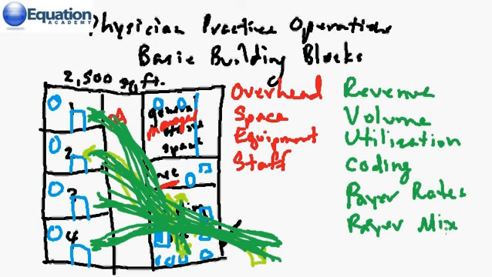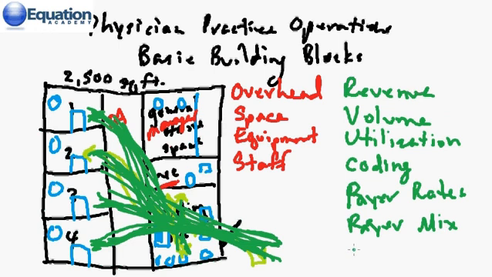Another 15% have Blue Cross Blue Shield. And of course the implication there is that since I'm paid different rates, I have different contracted rates by different payers, if I can manage my payer mix to where I'm seeing more patients who are represented by insurance companies who pay me more per service, the practice will, in general, again, be able to generate more revenue.